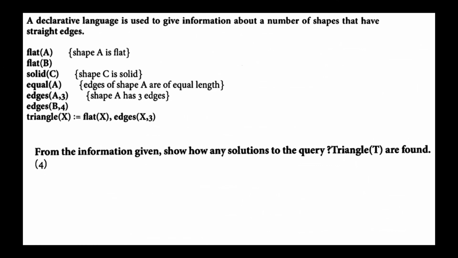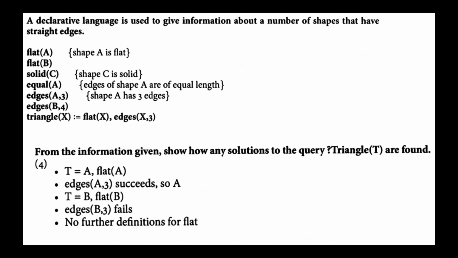From the information given, show how a solution to the query triangle T is found. T is A, so flat A. Edges A, 3, succeeds, so A. Then T equals B, so flat B. Edges B are 3, it fails.